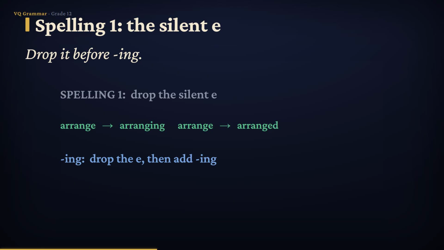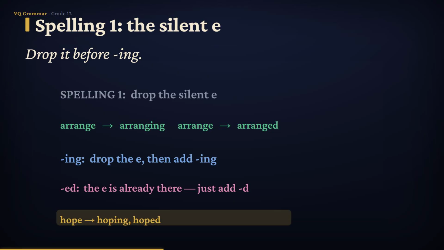And for the past, well, the E is already sitting right there waiting for you, so you only need to add a single D, arranged. Same story with hope, hoping and hoped. And with decide, deciding and decided. Drop the E for ing and add just a D for the past.